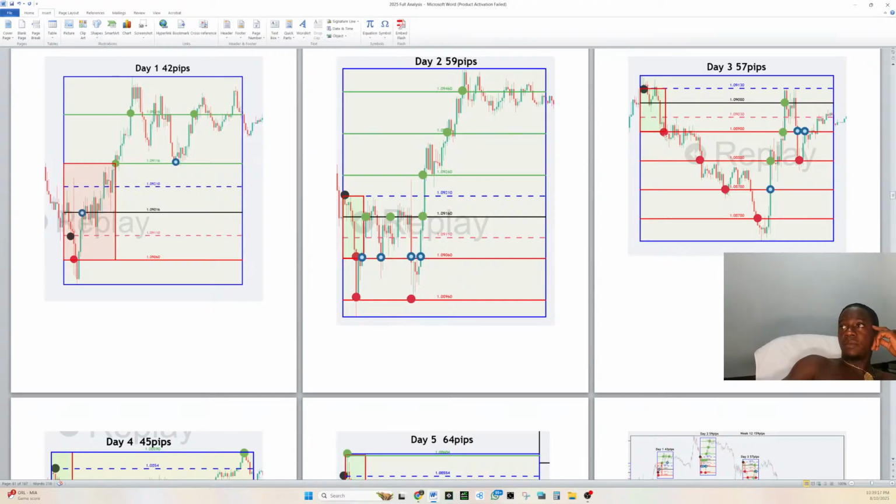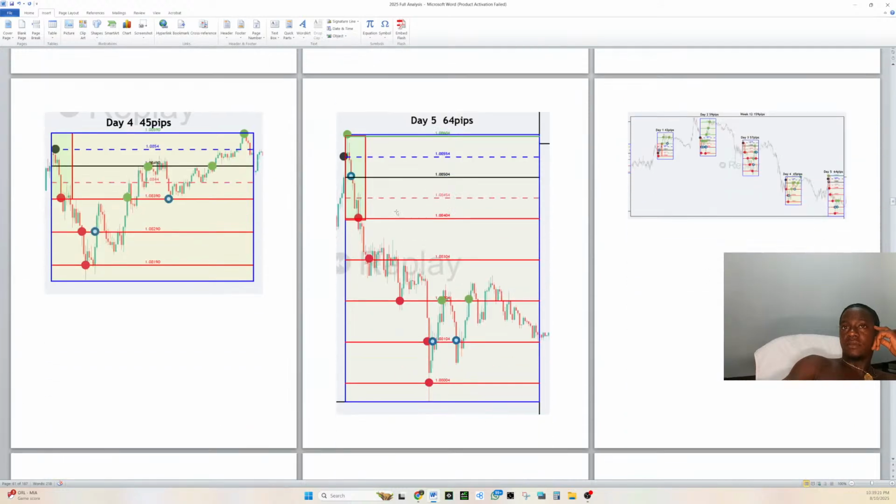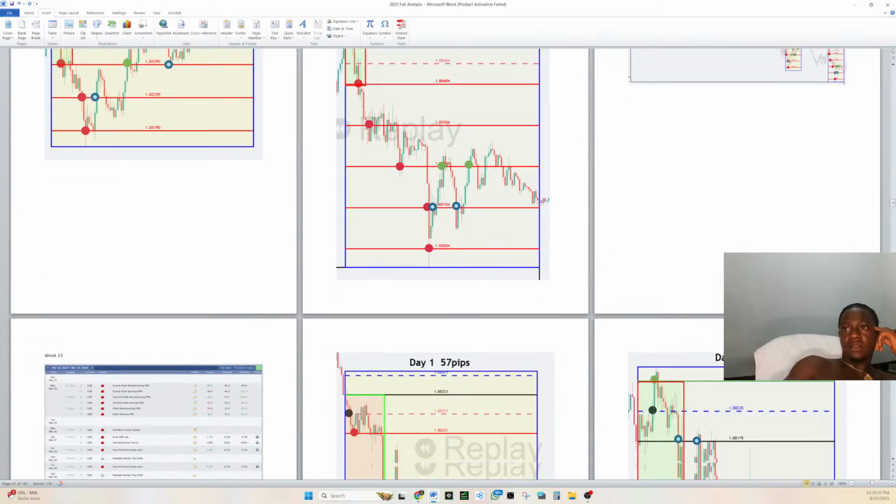Buy stop, end up being a losing trade. Continuation to the downside. Boy, every single trade of this week was a loss for sure. Loss, loss, loss, loss, loss. Buy stop, end up being a losing trade. Continuation to the downside. Buy stop, 5 pips in profit, end up being a loss. Continuation to the downside.